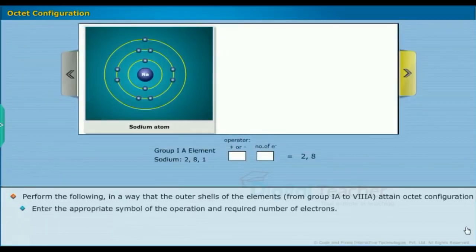Enter the appropriate symbol of the operation and required number of electrons.